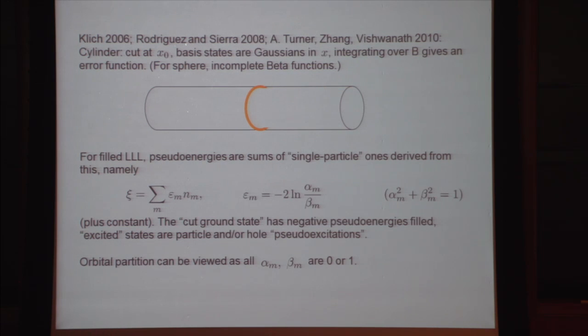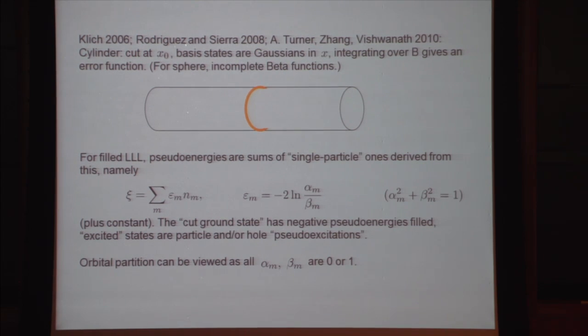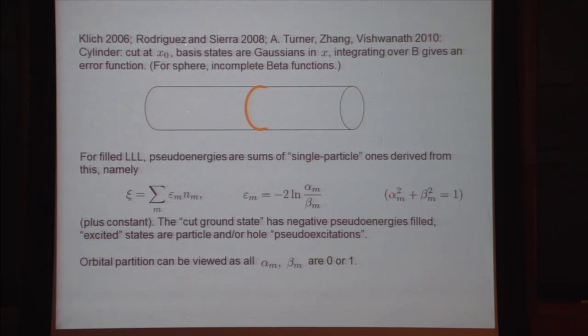Because I integrate a Gaussian down to some limit that's not plus or minus infinity. If I use the sphere, it turns out I get incomplete beta functions. Never mind. Okay, so basically each single particle wave function gets split into two pieces. One has weight in part A, one has weight in part B. The squares of these weights have to add up to 1. Let me call them alpha and beta and get rid of the phases. So I can define those weights.